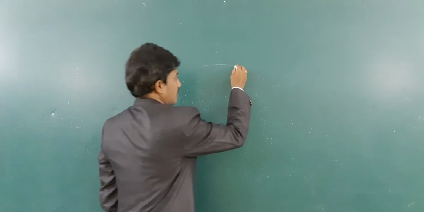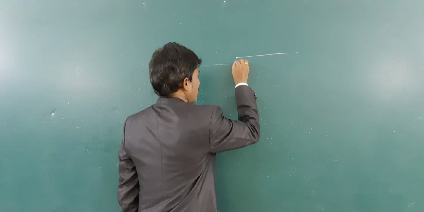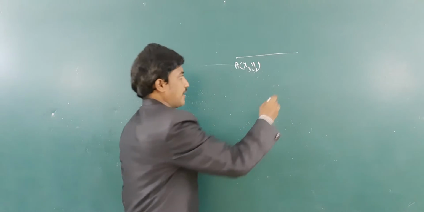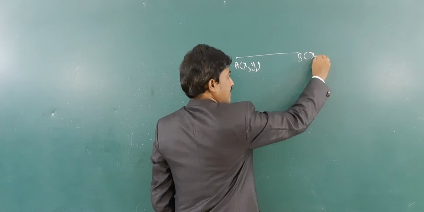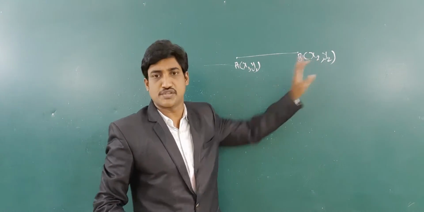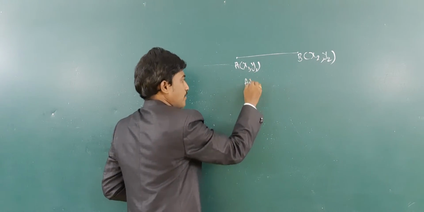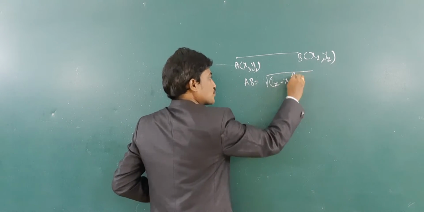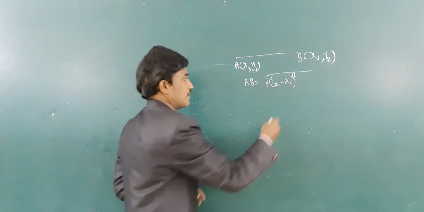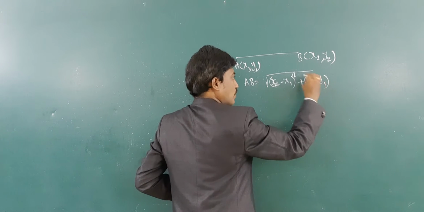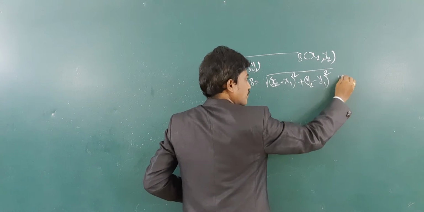We know the distance between 2 points A (x1, y1) and B (x2, y2). The distance between these 2 points is AB equals the square root of (x2 minus x1) whole squared plus (y2 minus y1) whole squared units.